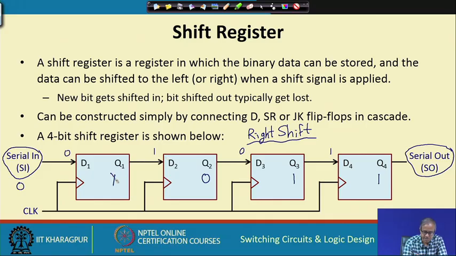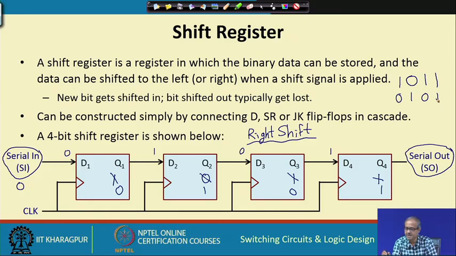So, this 0 will get stored, this will become 0, this 1 will get stored, this will become 1, this 0 will get stored 0, this 1 will get stored, this remains 1. So, earlier it was 1 0 1 1. Now, this external data 0 has come, now it becomes 0 1 0 1.